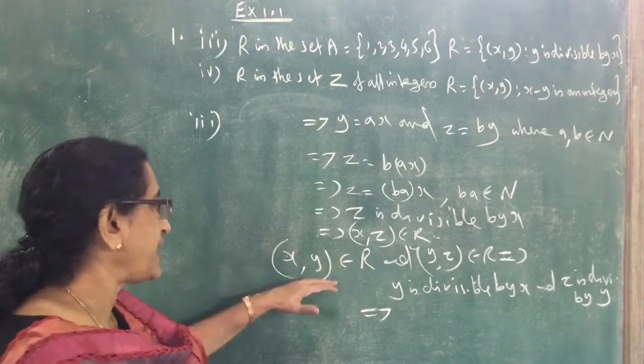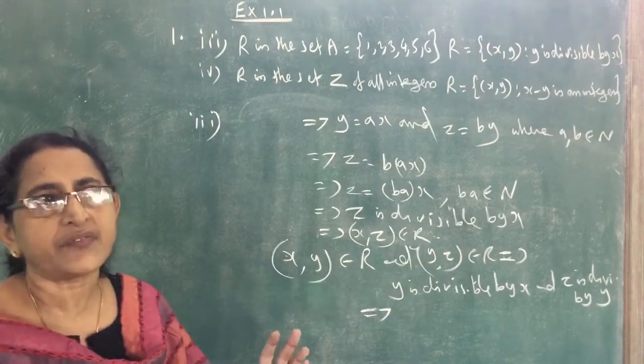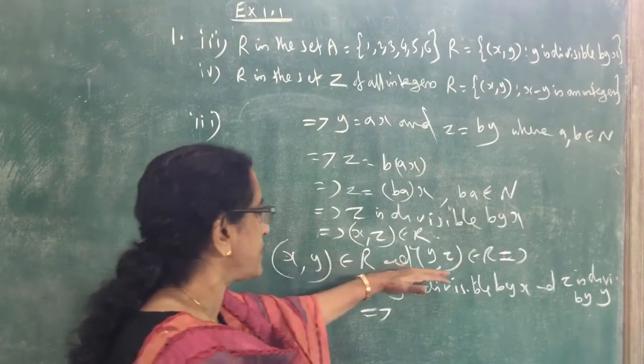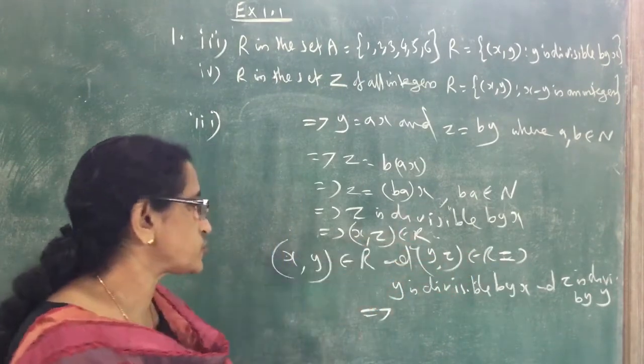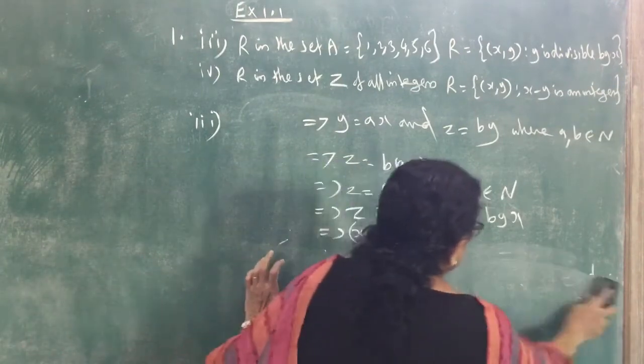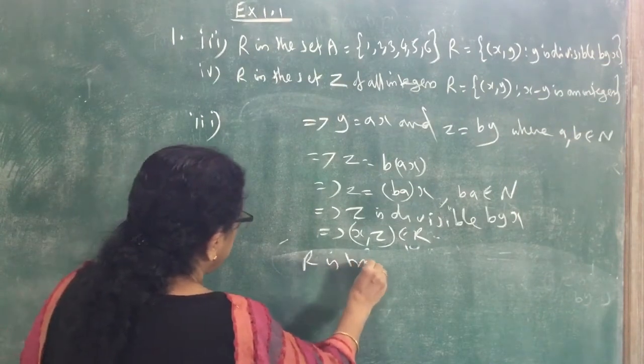Then we can say therefore R is transitive.